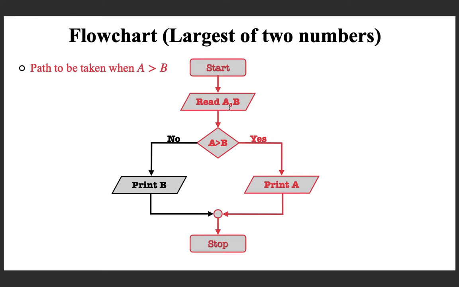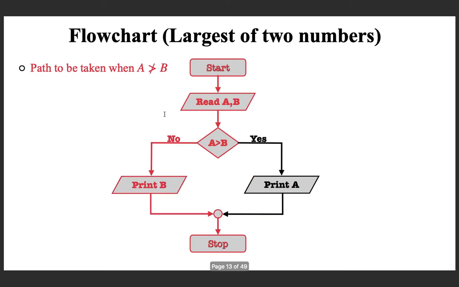First you read both A and B. After that you are checking whether A is greater than B. Because now you know that for this particular case A is greater than B, the yes branch will be taken, and you are printing A and stopping.